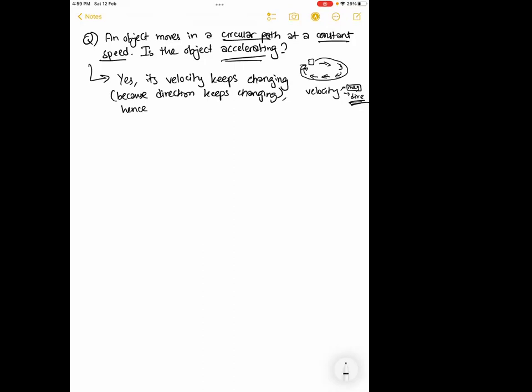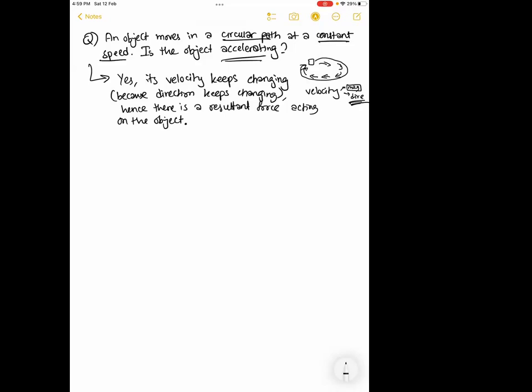Hence, there is a resultant force acting on the object. Now, I think you have circular motion in your syllabus.